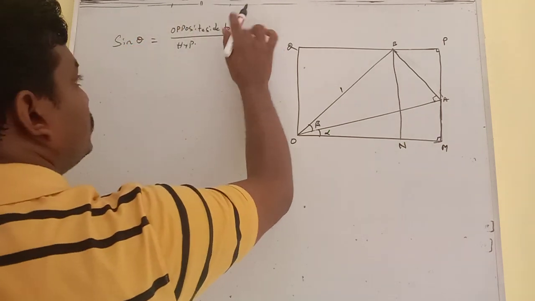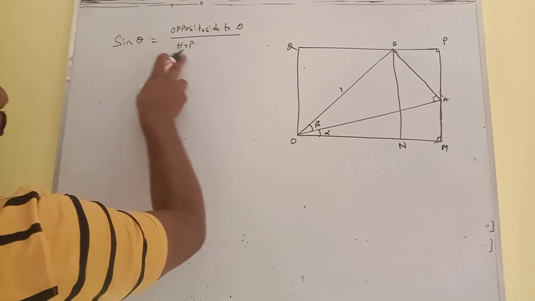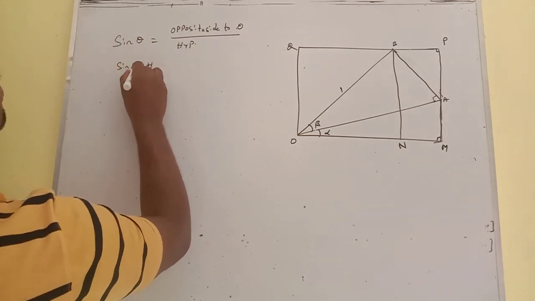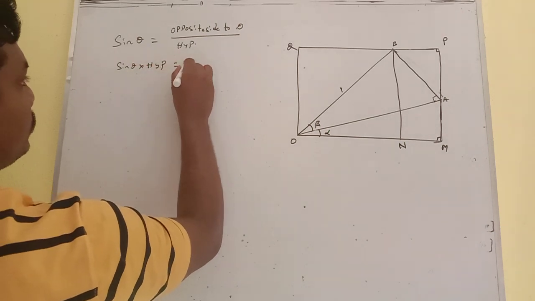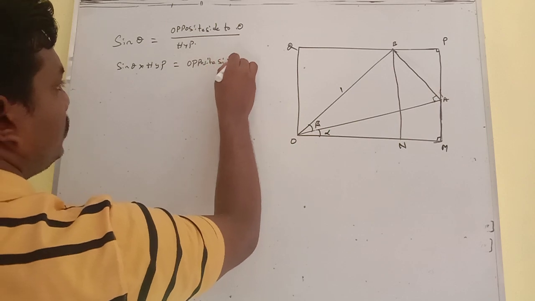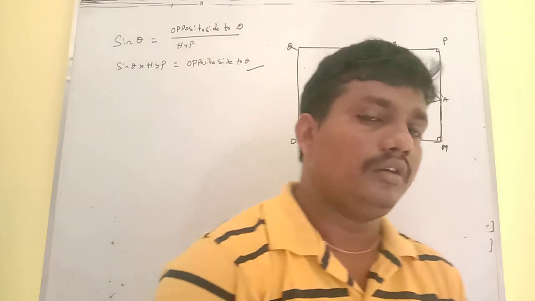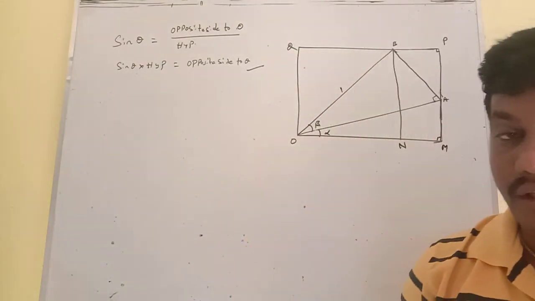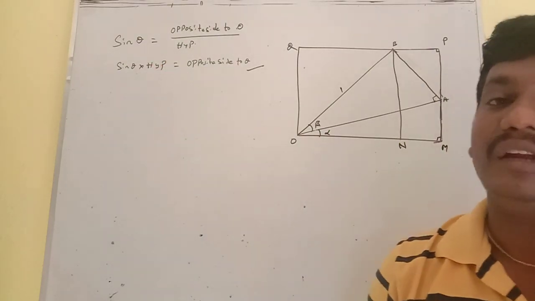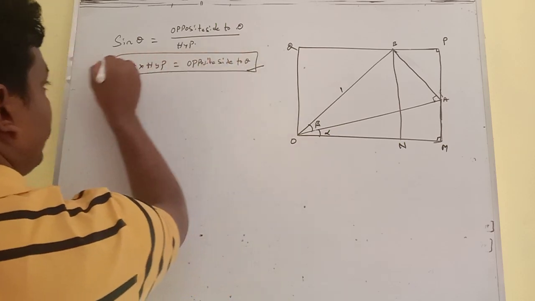Sin theta is equal to opposite side to theta by hypotenuse. Then sending the hypotenuse to this side, sin theta into hypotenuse is equal to opposite side to theta. This is the formula for the opposite side. So once we have to find the opposite side of any right angle triangle, we can directly use the formula sin theta into hypotenuse.